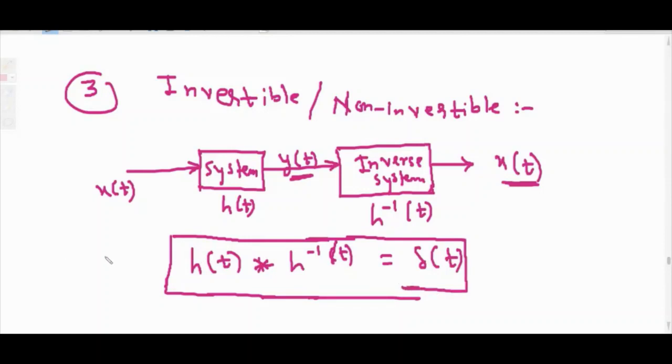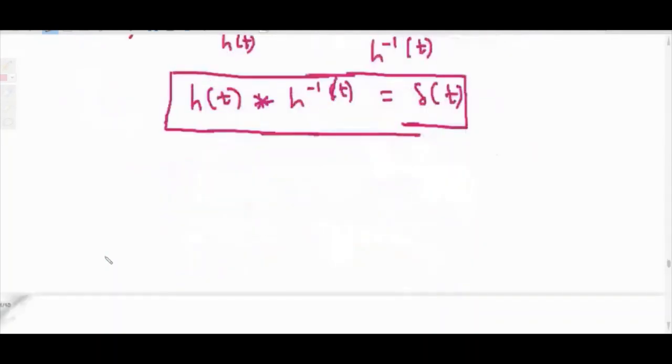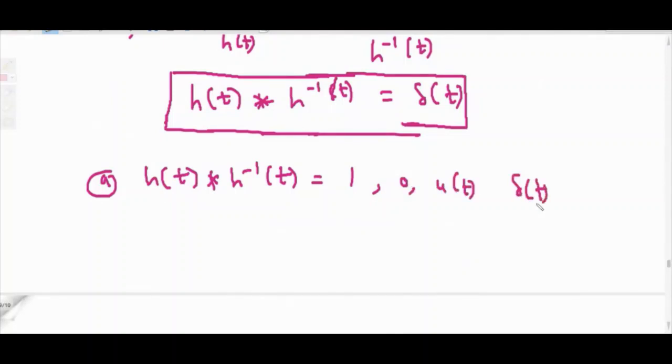Okay, so this condition can be asked with four options, like option A can be h of t convolution h inverse t equal to 1, equal to 0, and so on. Final correct answer is delta t.